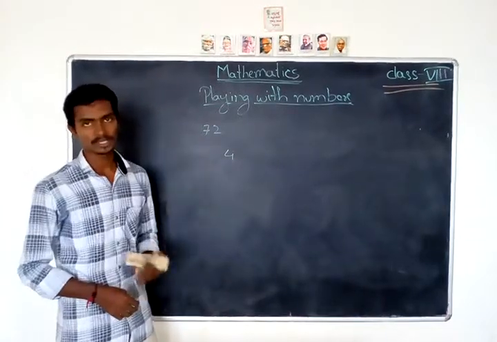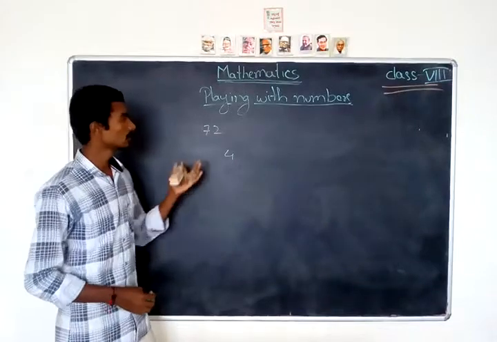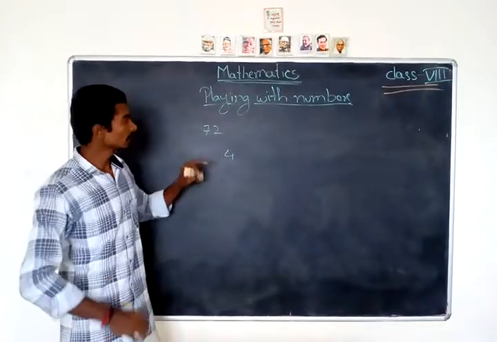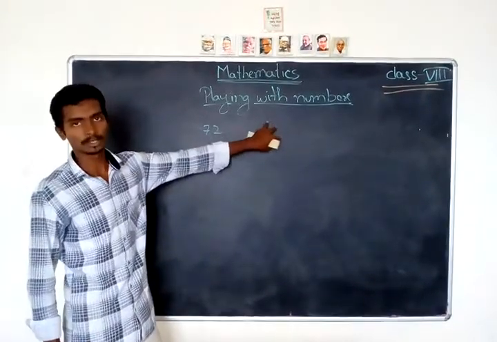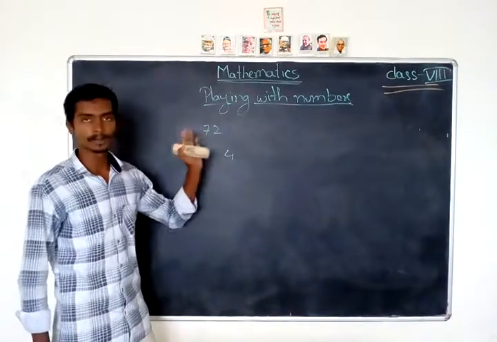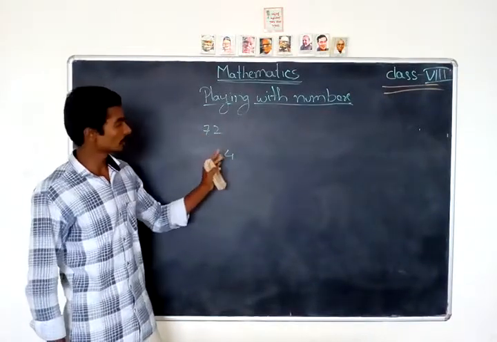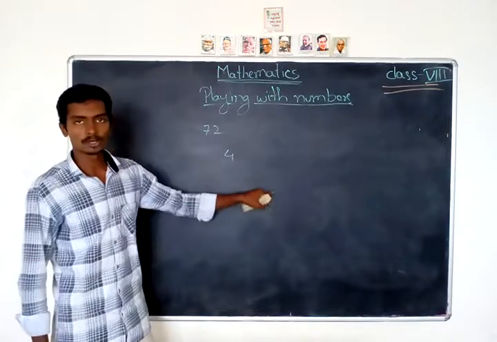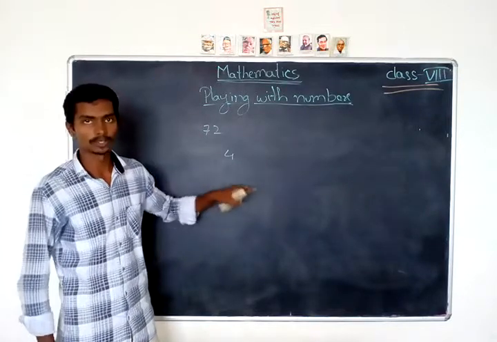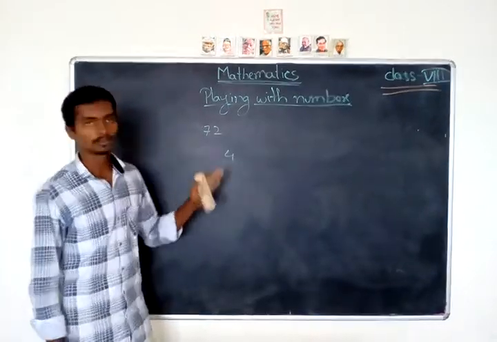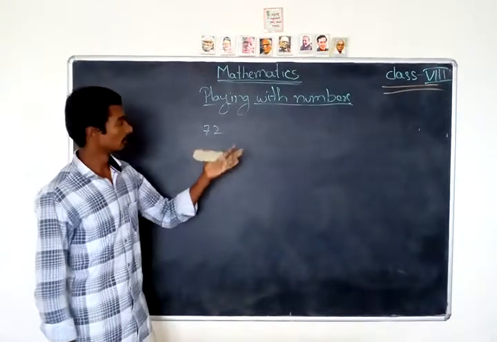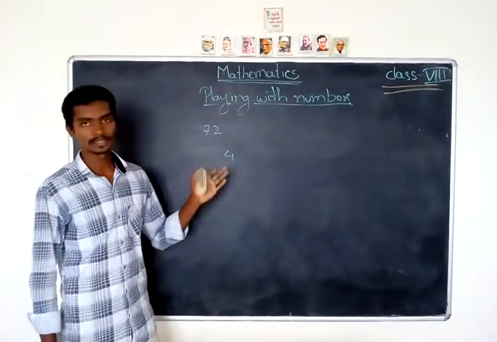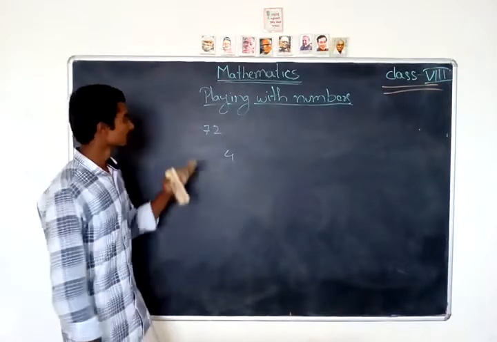In your previous classes also, you have learned about division, where you were given a number and you were asked to divide it by another number. In those examples, you always got the remainder 0, right? But here we will look at some examples where the remainder will not be 0.